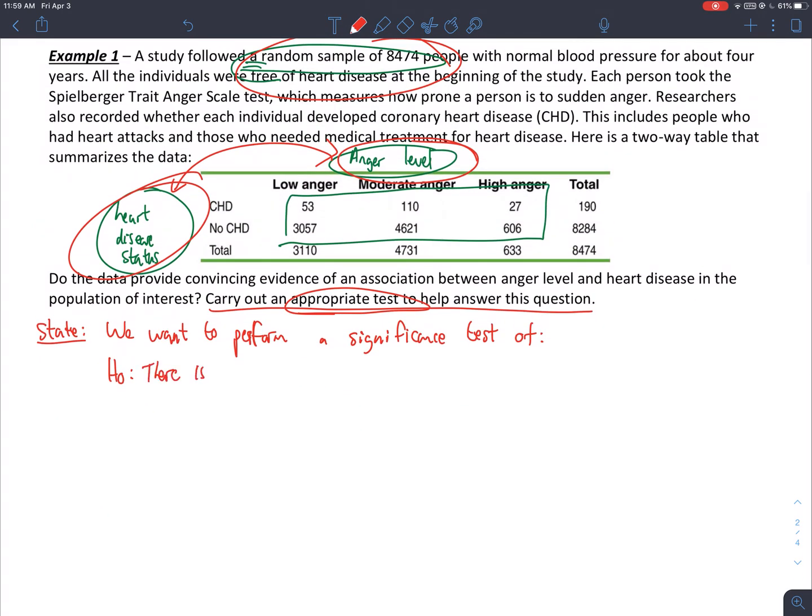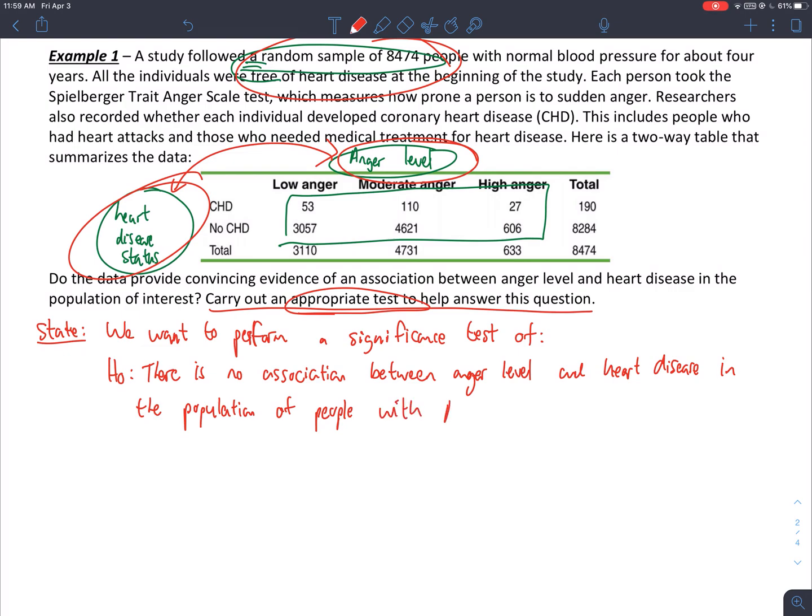There is no association between anger level and heart disease in the population of people with normal blood pressure. Okay.